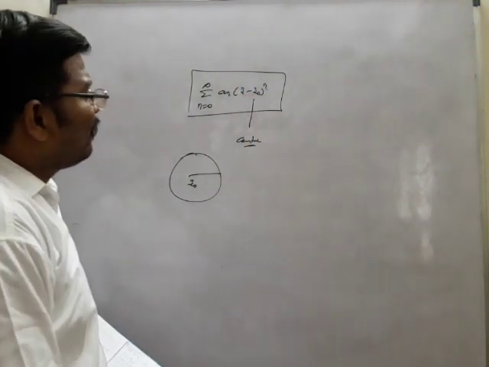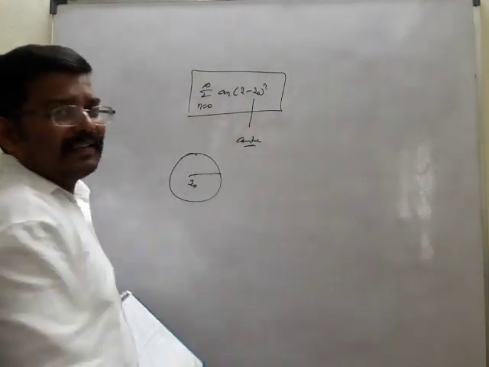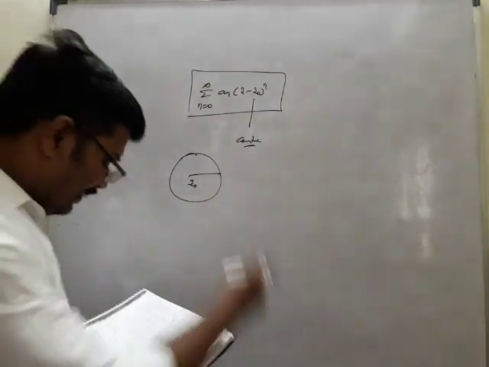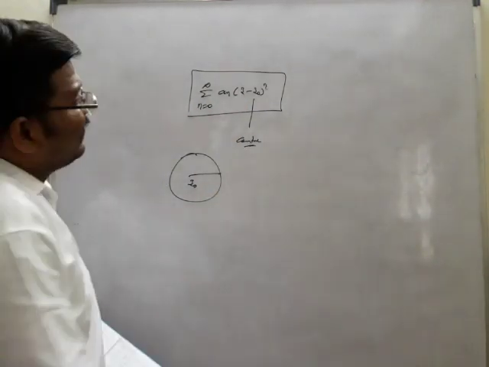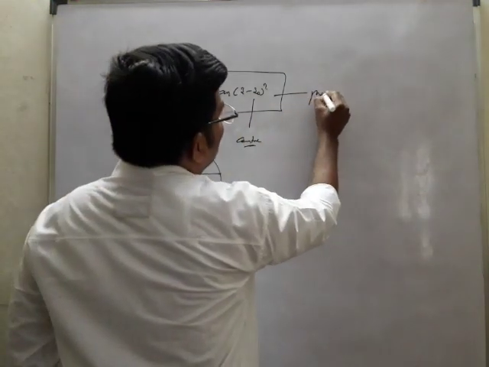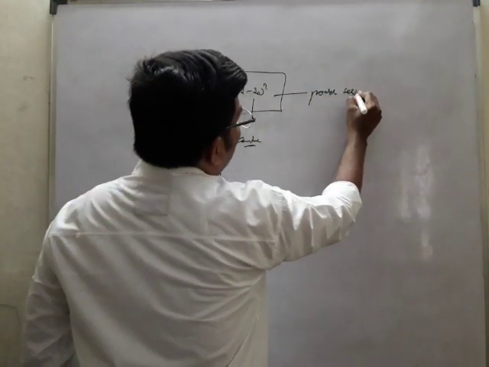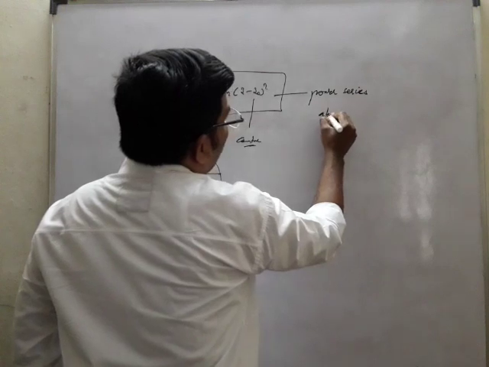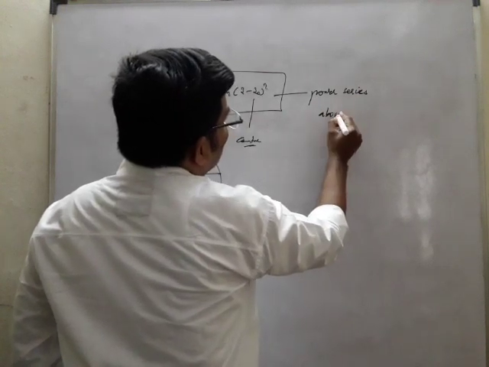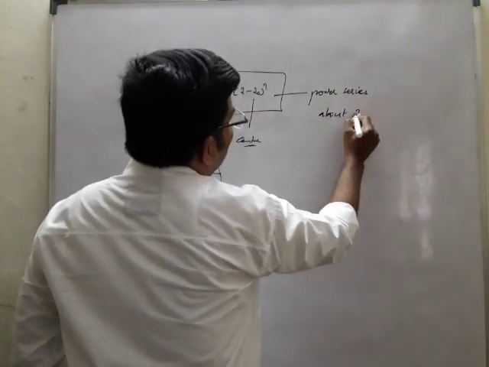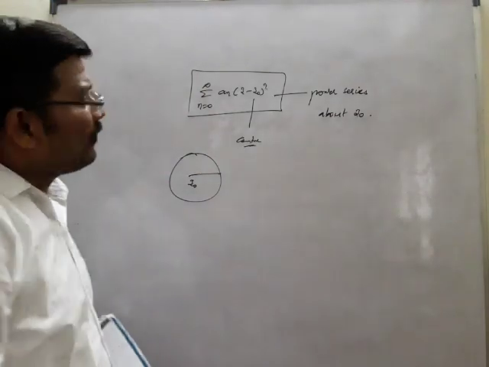If z naught is 0, you will get an z power n, where an is the coefficient. Now this is called a power series about z naught.